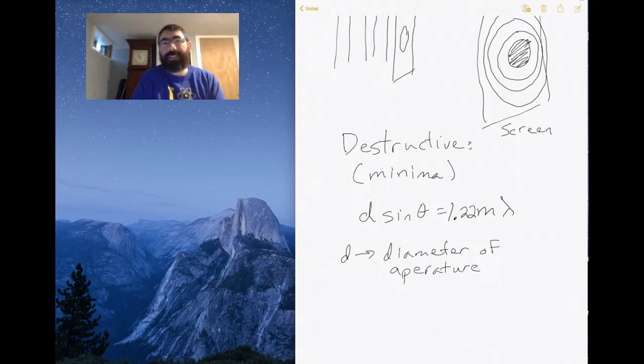So you get a result which is very similar to all the rest of the diffraction, the single slit and double slit problems that we've seen before, except now you've got a factor of 1.22 in front of it. The question is, where does that factor of 1.22 come from?